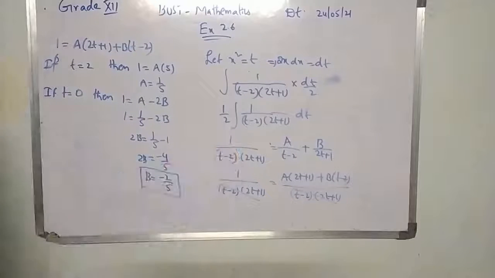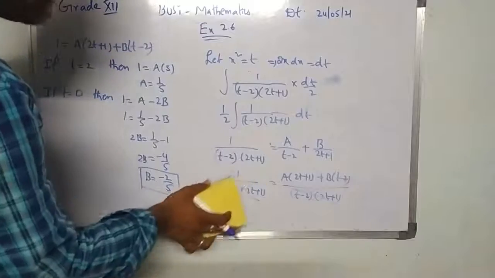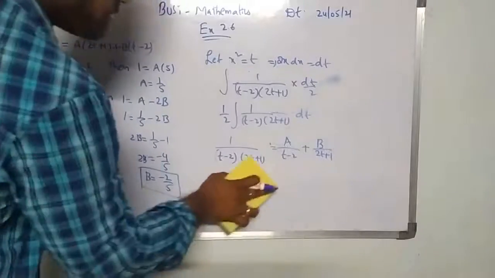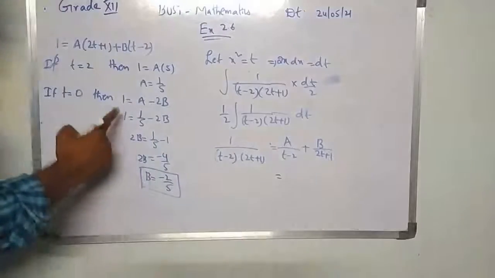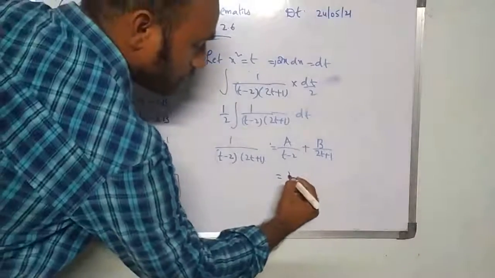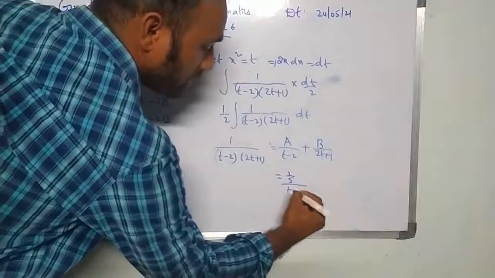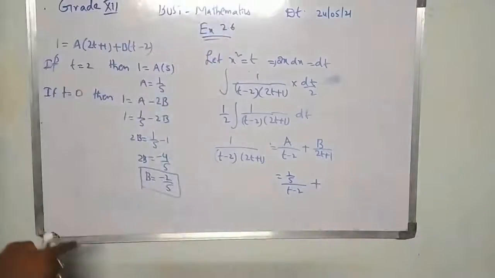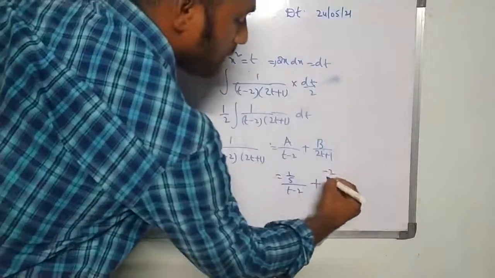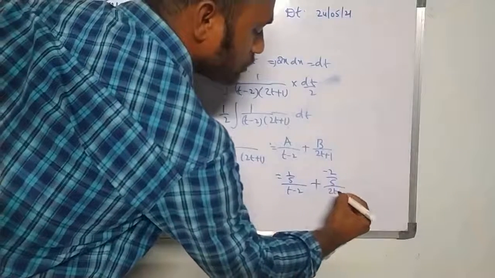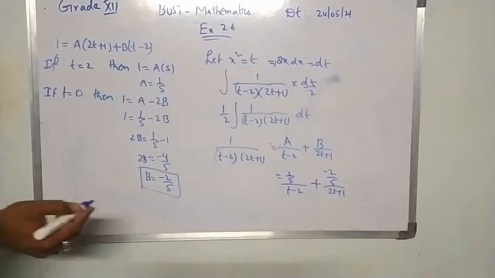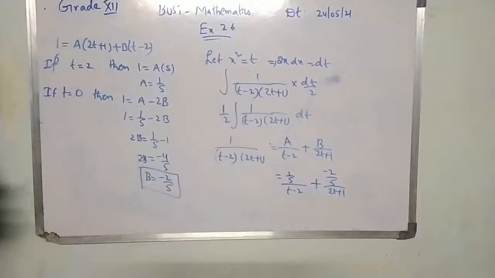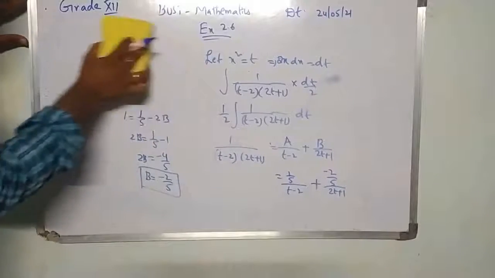So let us substitute these a and b values in the assumed one. So this is our assumed one, and in this we will substitute. In place of a we can write 1 by 5 divided by t minus 2, plus, in place of b we can write minus 2 by 5 divided by 2t plus 1. Now according to the question, 1 by 2 is there on the outside, and we will be doing the integration.